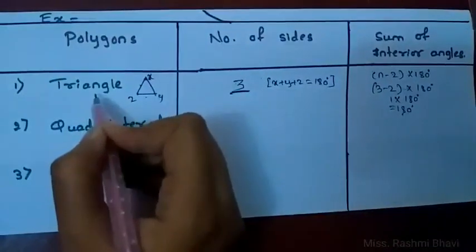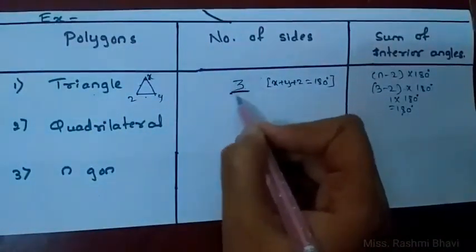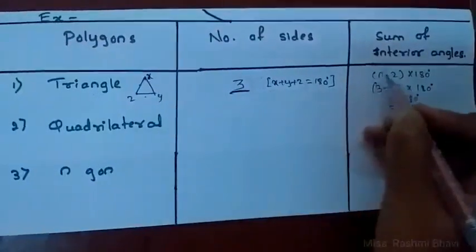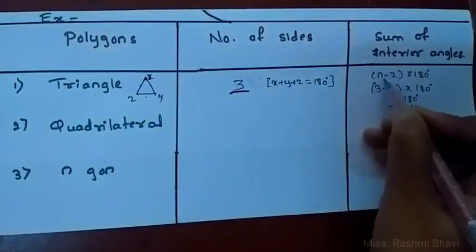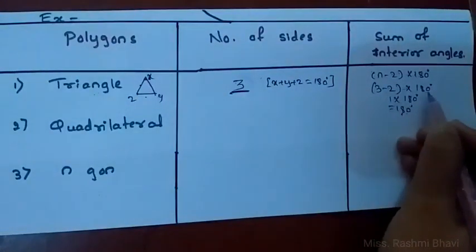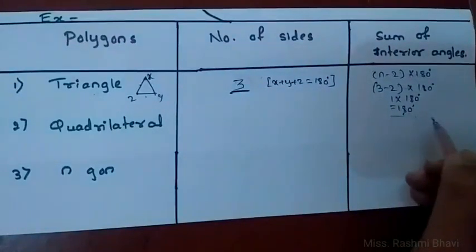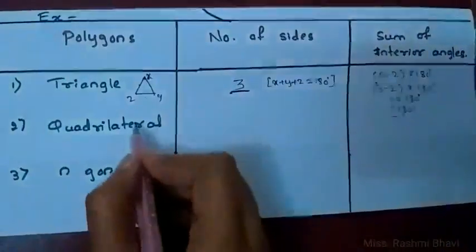In triangle we have 3 sides. So the number of sides is how much here? 3. So in the n value you put the value 3 minus 2 into 180 degree. So we got the 180 degree. The sum of the interior angles of the triangle is how much here? 180 degree. Next, quadrilateral.